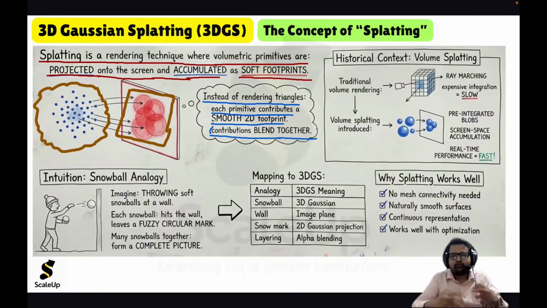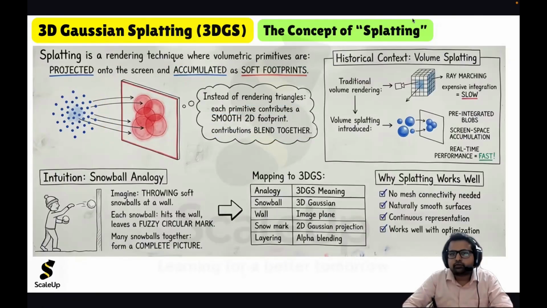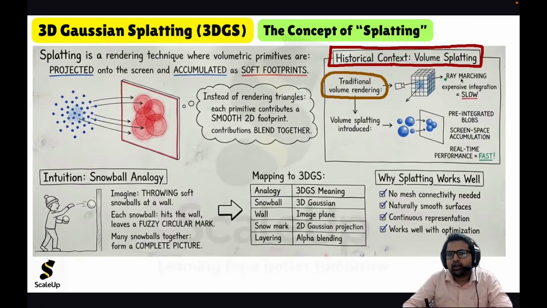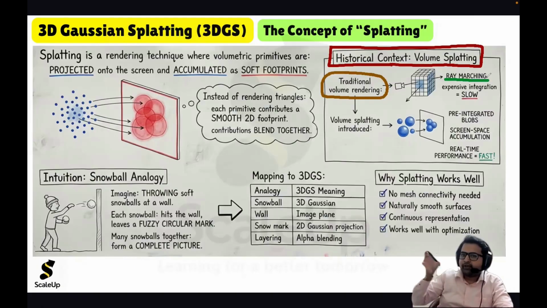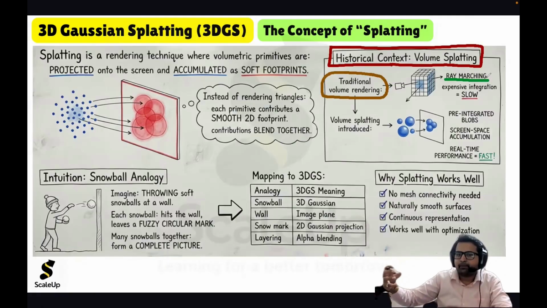So blending will happen. If we look at the historical context of volume splatting, in traditional volume rendering, the classical approach was ray marching. In ray marching, wherever the ray of the camera falls, we sample all the points along that ray and feed them one by one to the neural network.